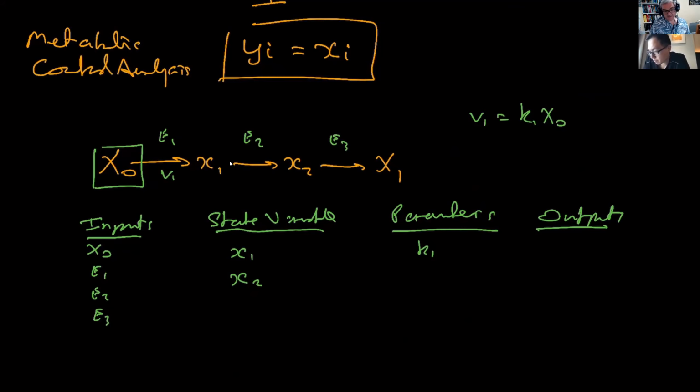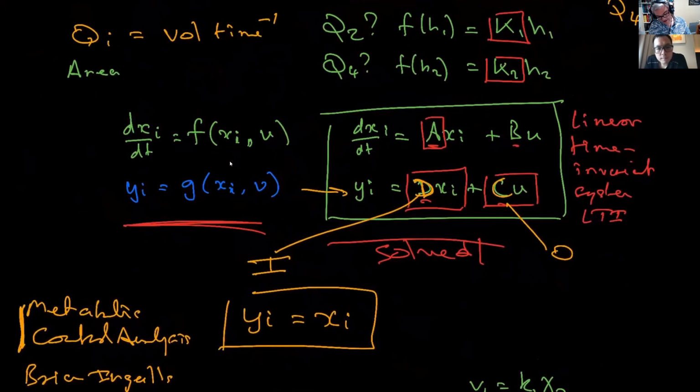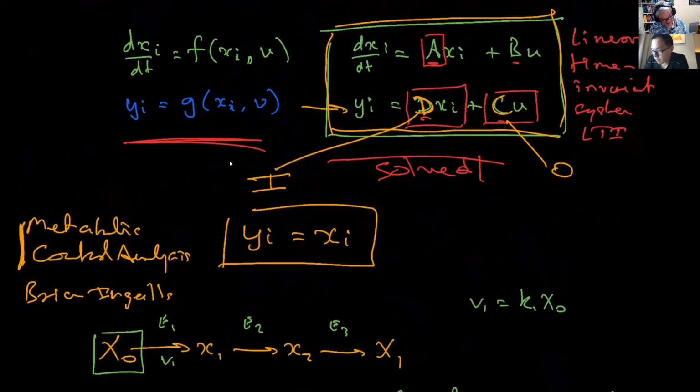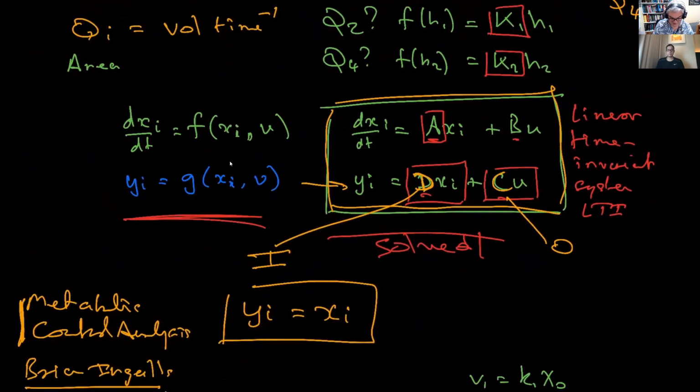Brian Ingalls realized that MCA, metabolic control analysis, was actually this. We weren't aware of it because we didn't know about the engineering control people at that time. But Brian is a control engineer, and he realized that what we did in metabolic control analysis was the same as what the control engineers do in control engineering.